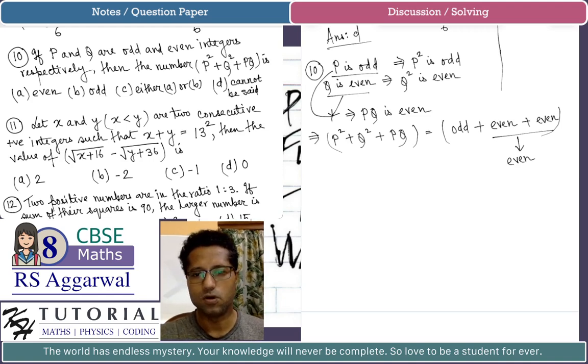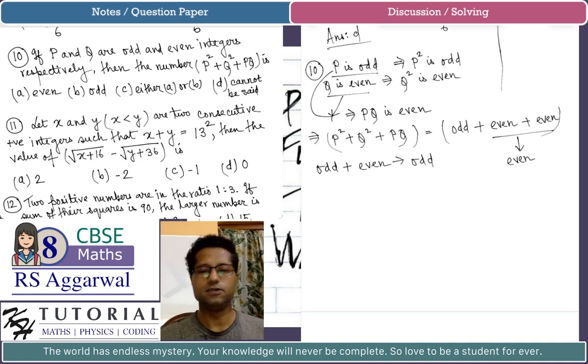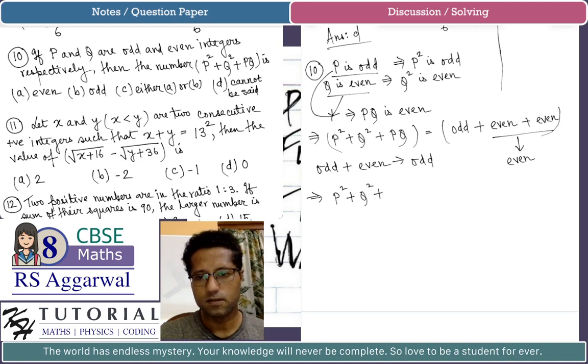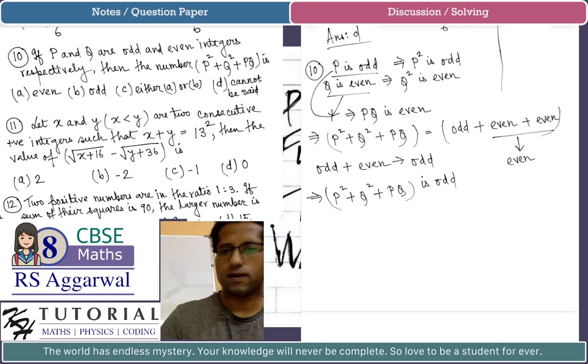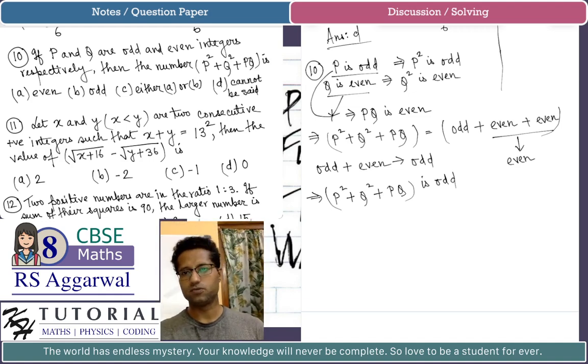And odd plus even implies odd. The sum of an odd integer and an even integer is always odd. So p square plus q square plus pq will be odd, because p is an odd integer, therefore p square will be odd.